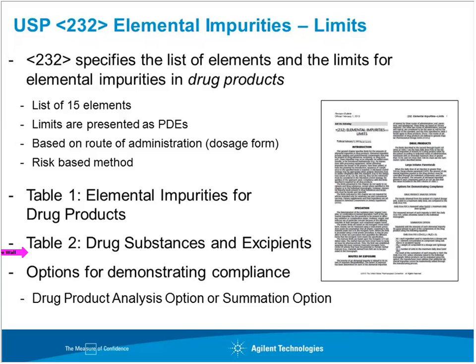For example, if you're a drug product manufacturer and you're only using a very small amount of a specific ingredient in the final dosage product, maybe it's going to be okay if the elemental impurity level in the excipient is exceeded.